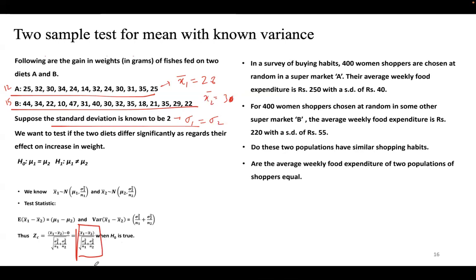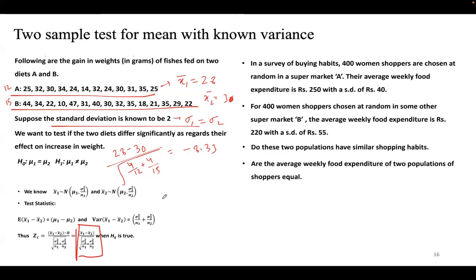Now we want to calculate this. We do 28 minus 30, divided by the square root of sigma 1 squared, that's 4, so 4 by 12 plus 4 by 15. You solve this up, and it should be minus 8.33. I hope I've solved it correctly, but this is the value you get.